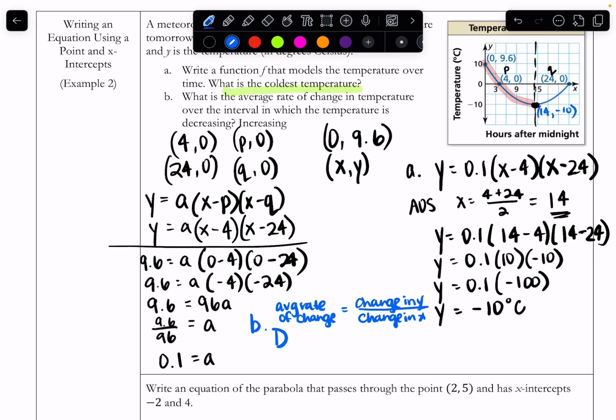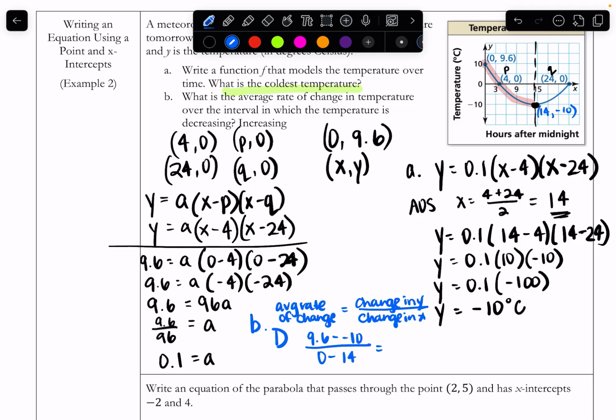All right, so I'm going to take the 9.6, the change in the y, 9.6 minus the negative 10 over the x's that go with it, 0 minus 14. All right, and that's going to get my decreasing.